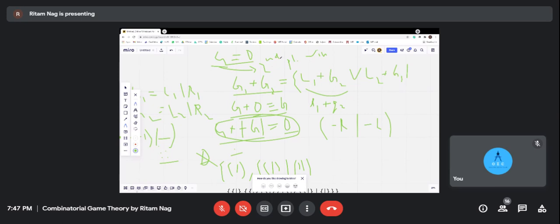So this is how you can actually define equivalence to 0, because equivalence to 0 is the same as saying that this game is a second player win. But once you have equivalence to 0, and once you have the negative of a game, then you can just define A equals B as being the same as A minus B equals 0.